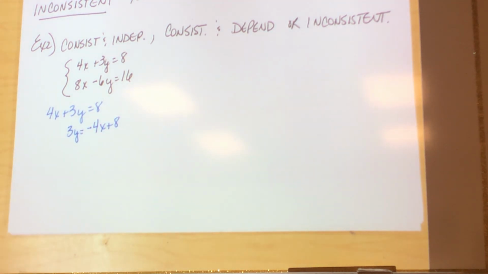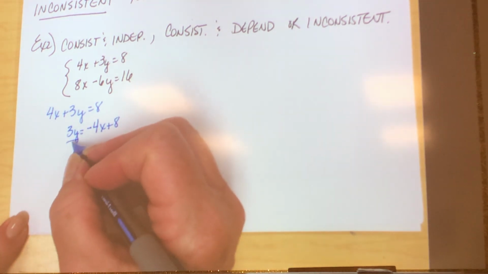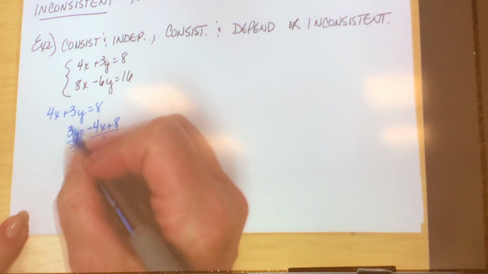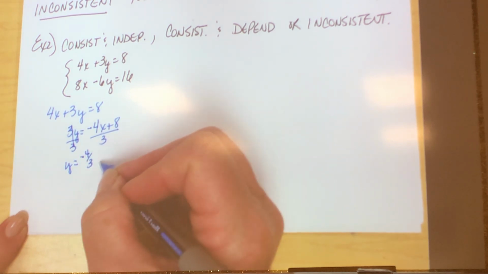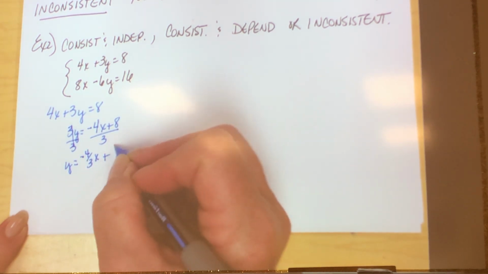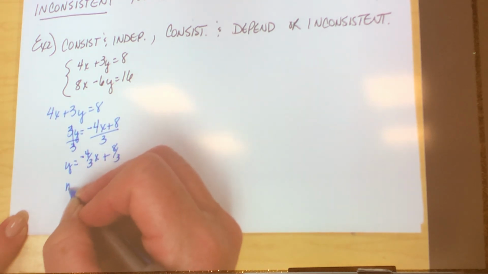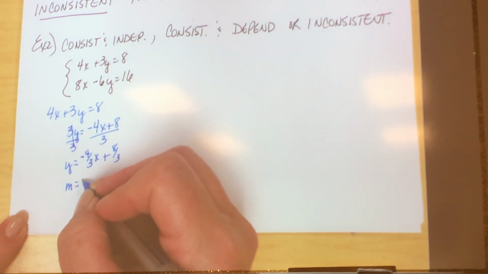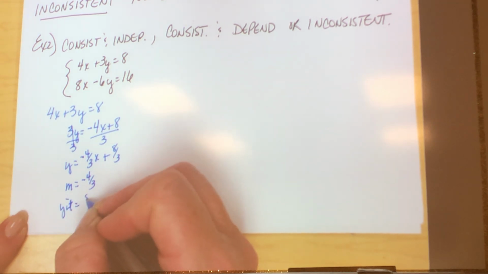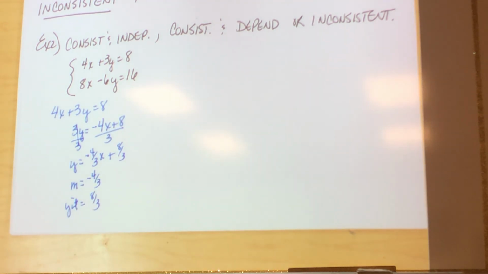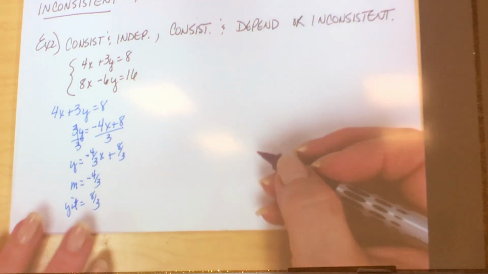Now what do? Divide by 3. Everybody gets divided by 3. So y is equal to negative 4/3 x plus 8/3. What's my slope? Negative 4/3. What's my y-intercept? 8 over 3.